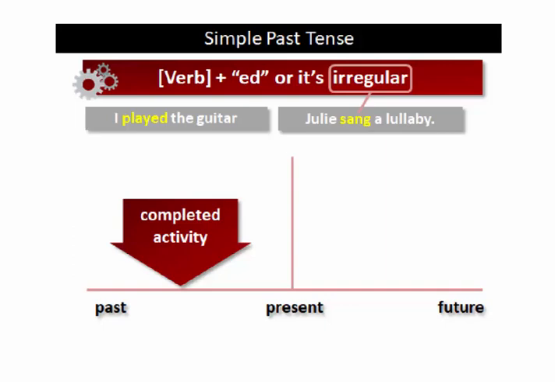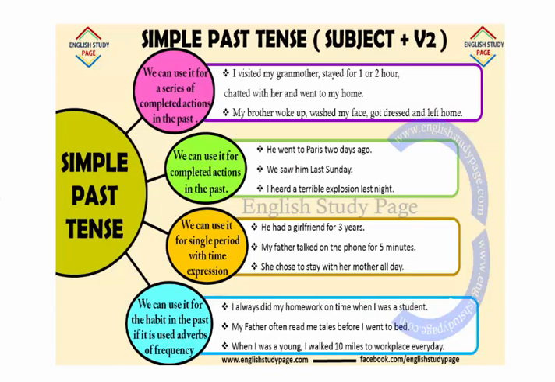Likewise, I played the guitar, right? I played the guitar. So the action is completed. We can use the past simple for a series of completed actions in the past, right? I visited my grandmother, stayed for 1 or 2 hours, chatted with her and went to my home.